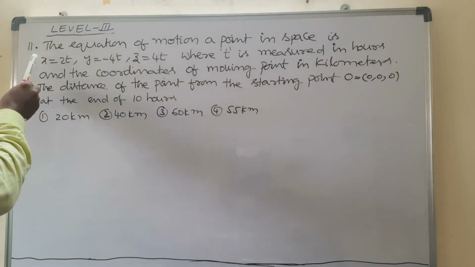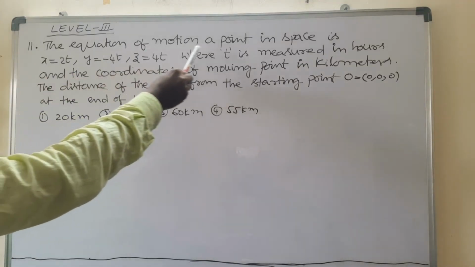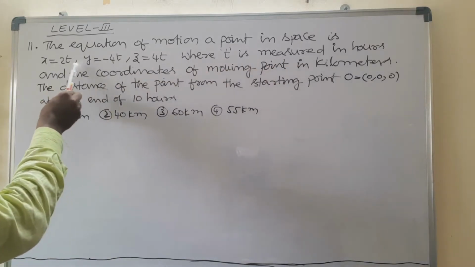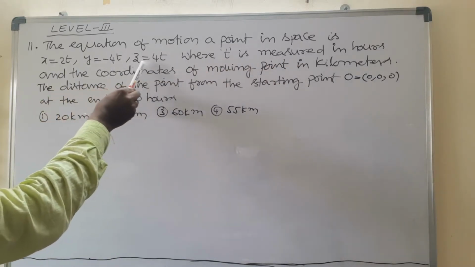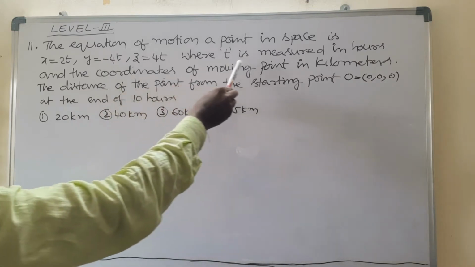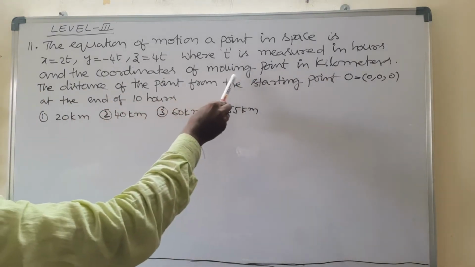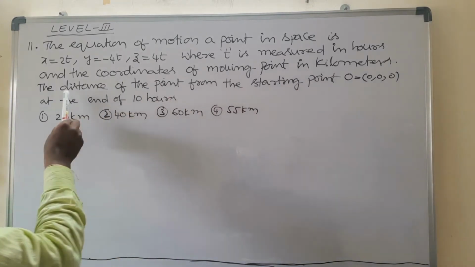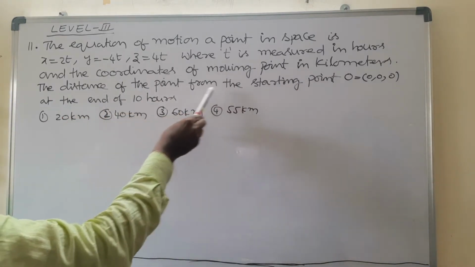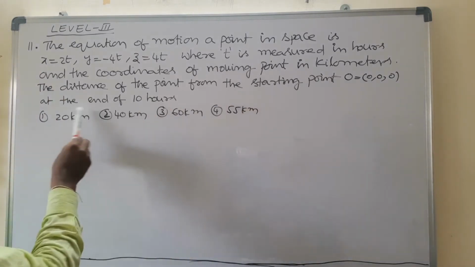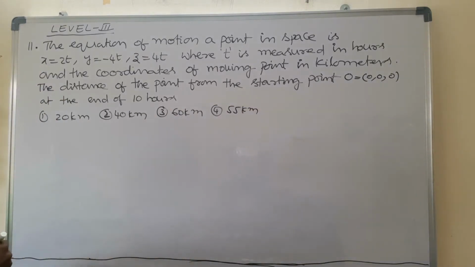Question number 11. The equation of motion of a point in space is x equal to 2t, y equal to minus 4t, z equal to 4t, where t is measured in hours and the coordinates of the moving point in kilometers. The distance of the point from the starting point O, 0, 0, 0, at the end of 10 hours.